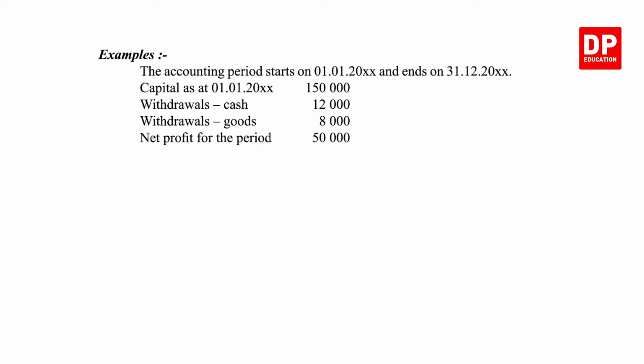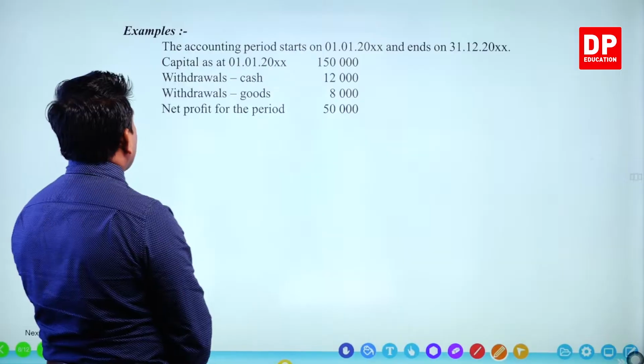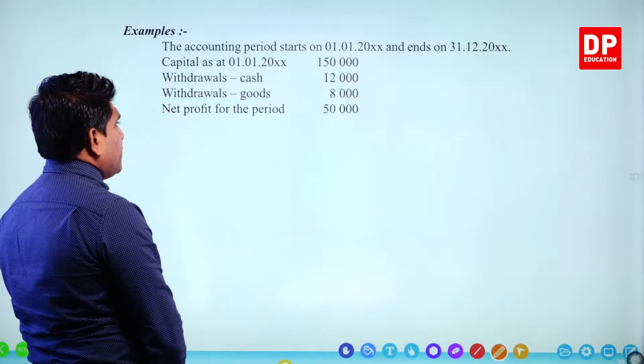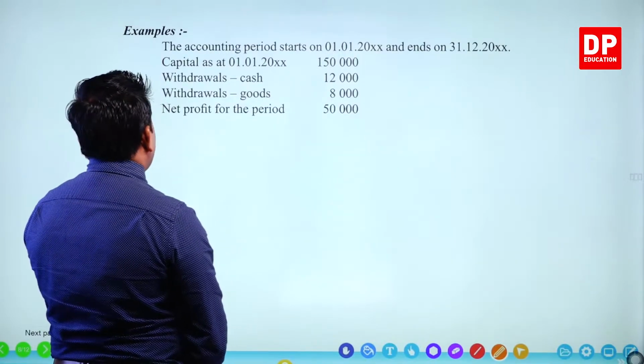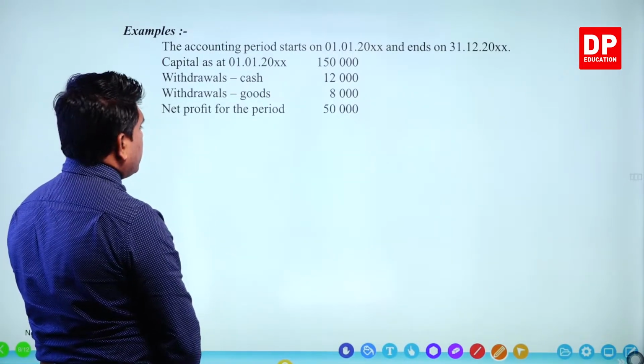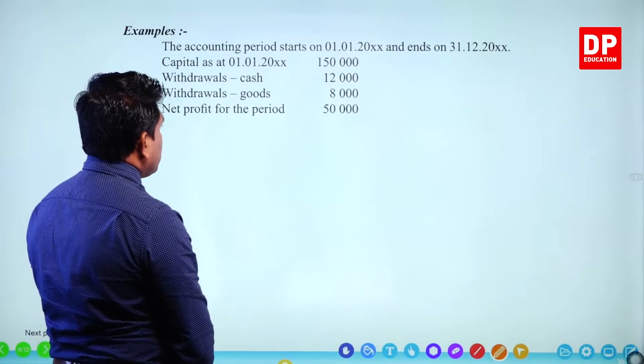Now, the other example. The accounting period starts on 1st of January 2020 and ends on 31st December 2020. Capital at 1st of January 150,000. Withdrawal cash 12,000. Withdrawal goods 8,000.